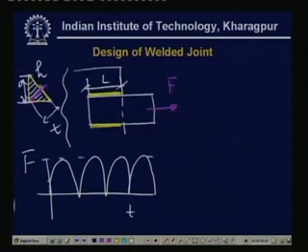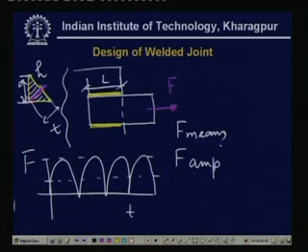Then we can find out what is F mean and what is F amplitude. That comes from this F maximum value and F minimum value, which is 0 over here. So, we can find out F mean and F amplitude.